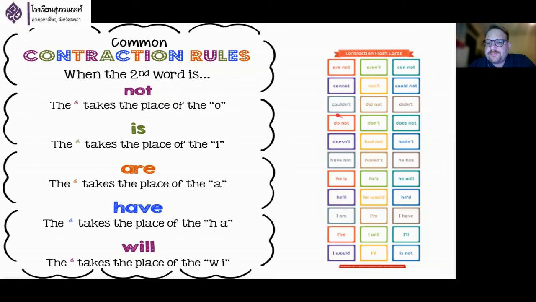So, nots, is, have, will. These are all second words that are modified. Modified, that's a big word. That means changed. They have changed. They've lost a word. They've been cut out and added to the first word to make a contraction.